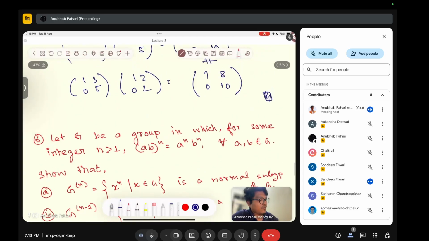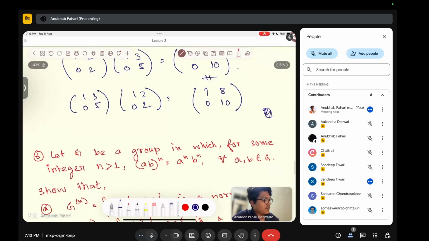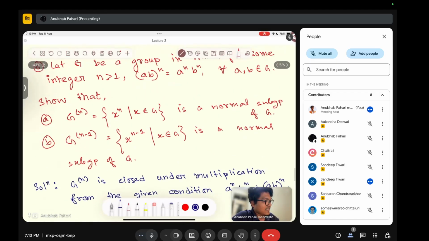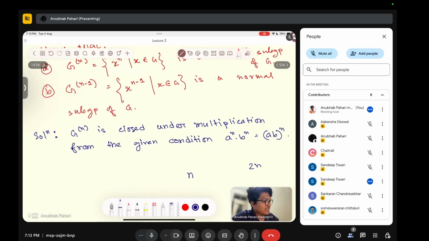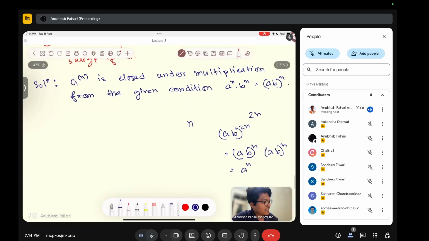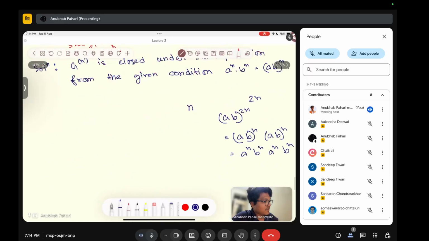See, if this is true for one n, then for 2n it would be a to the power 2n, it should be (ab)^n (ab)^n, so a^n b^n a^n b^n, but it does not say anything about the commutativity.